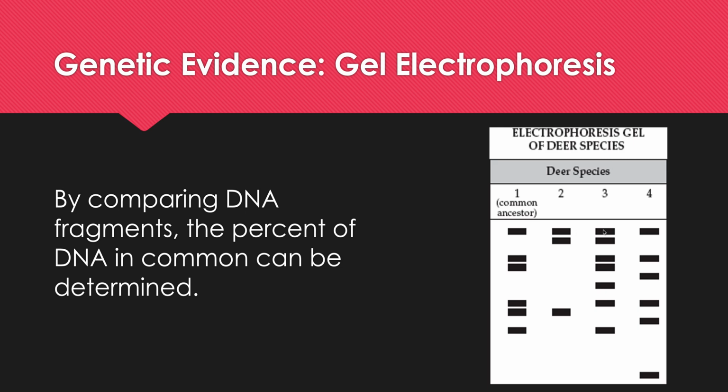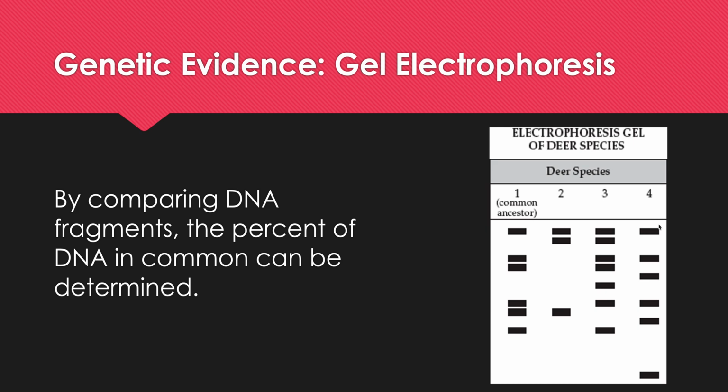If we look at 3, we've got 1 match, 2, 3, 4, 5 DNA matches. That's a lot. And then if we look at the last one, we've got 1, 2, 3.